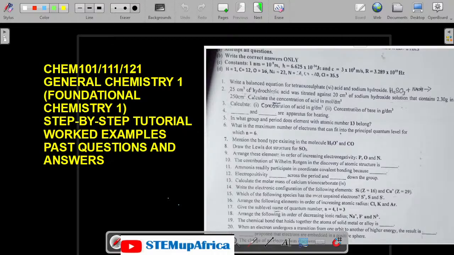It says arrange the elements in order of increasing electronegativity. So how do you determine the electronegativity of elements? We use what we call the Pauling scale.